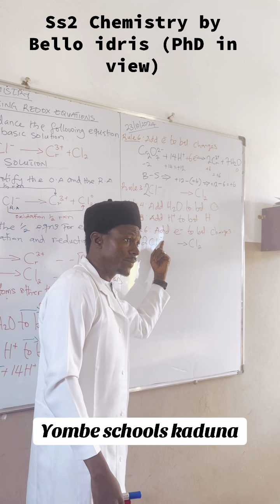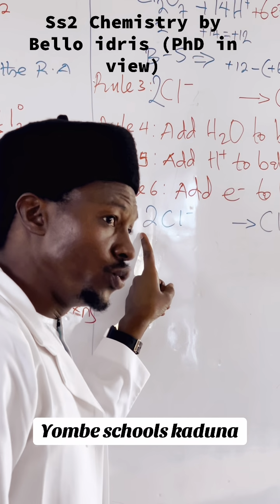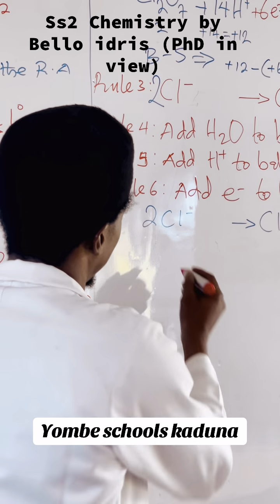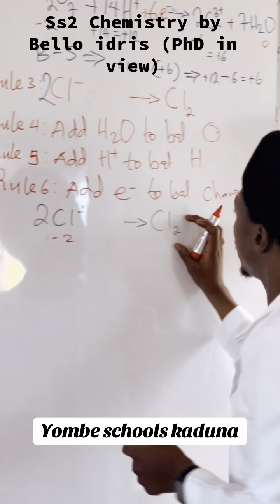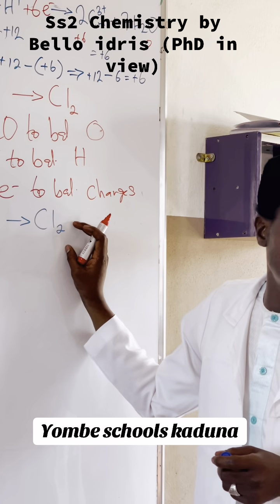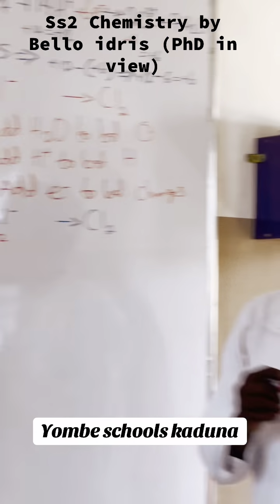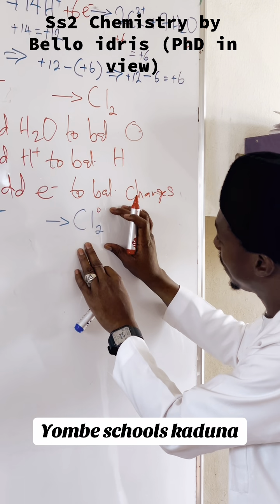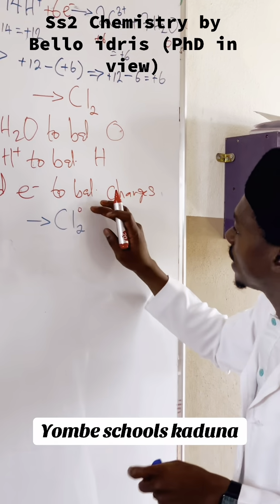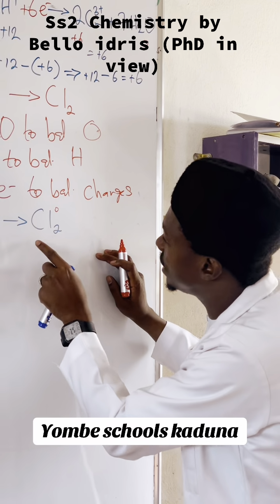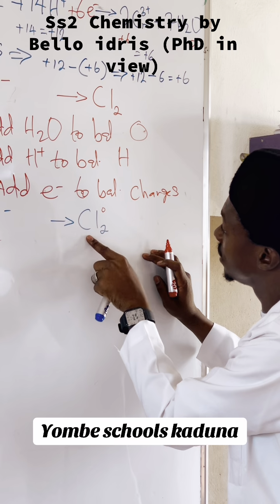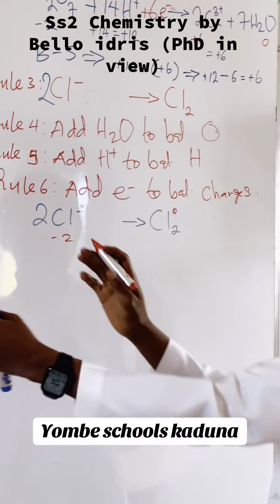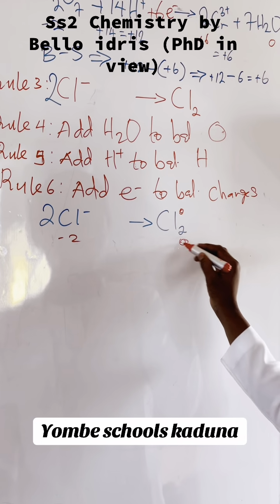This is minus 1 times 2, which is minus 2. On the right, this is an element in an uncombined state. What is the oxidation state of an element in an uncombined state? Zero. It is a neutral compound, so it has the charge of 0. The charge on this side is minus 2, and on this side it is 0.